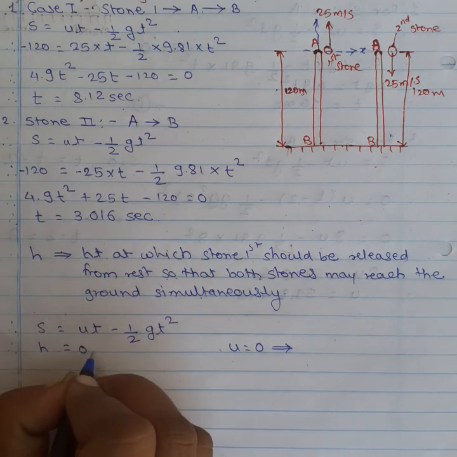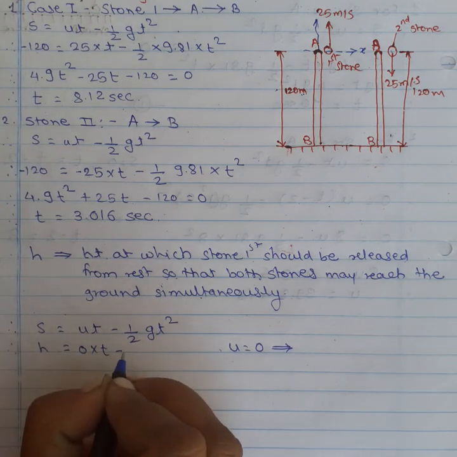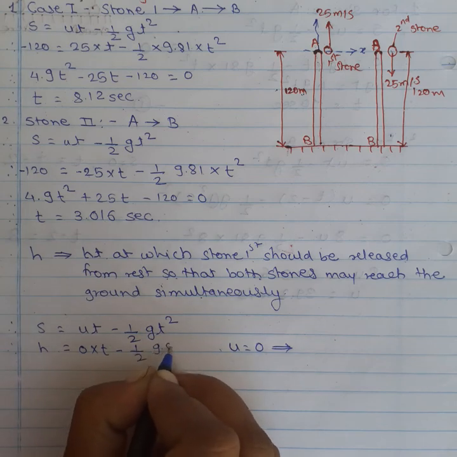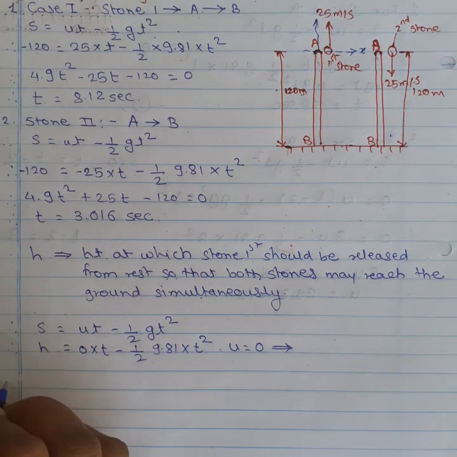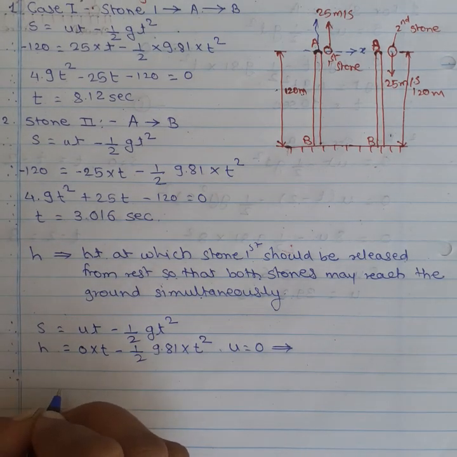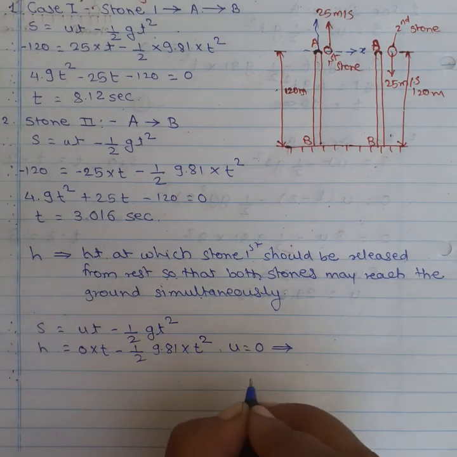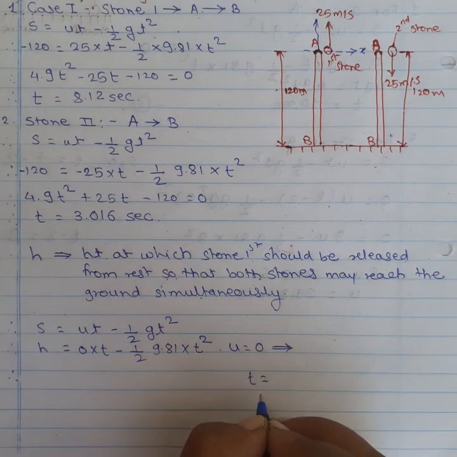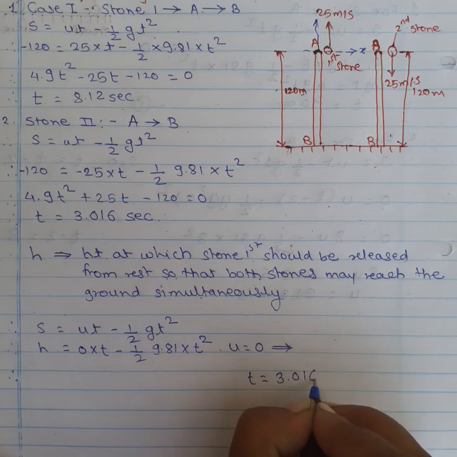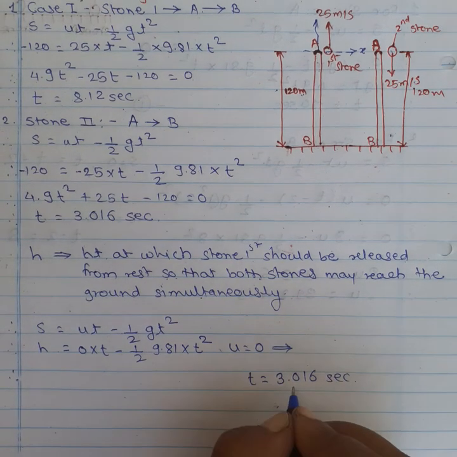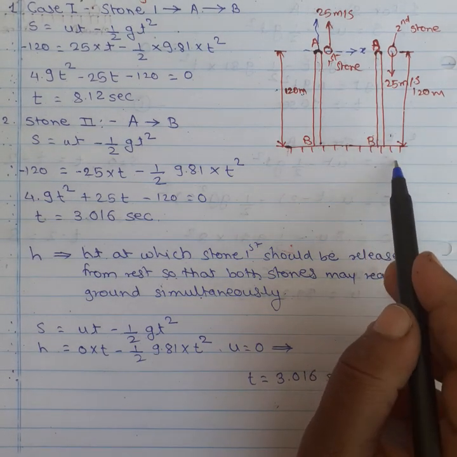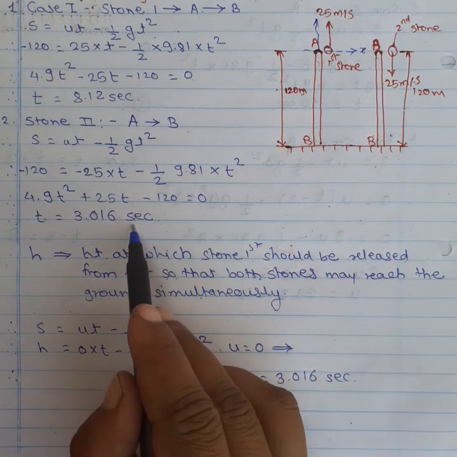Now put the values. What is the value of t? Here t is 3.016 seconds, the time required by the second stone to reach the ground.